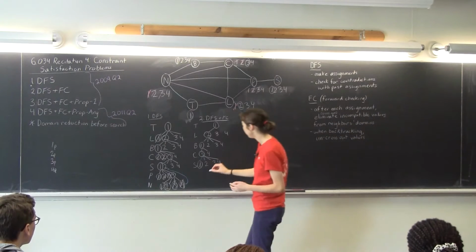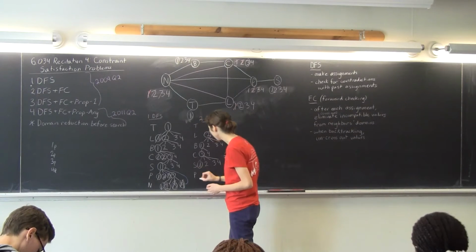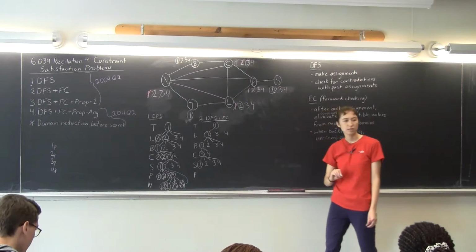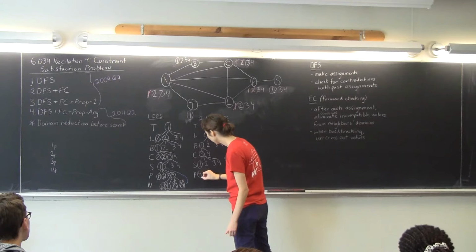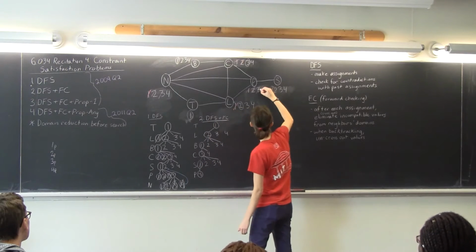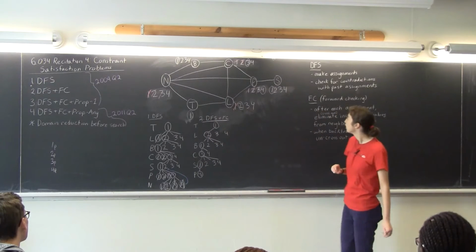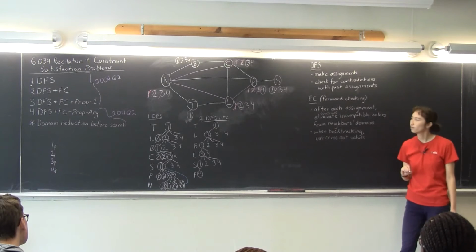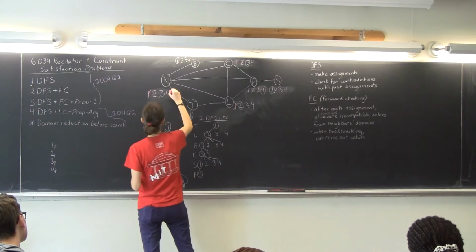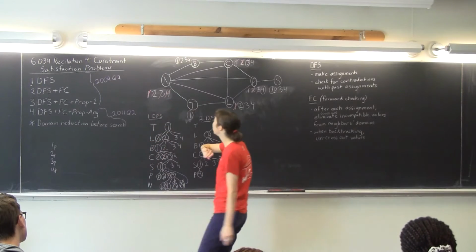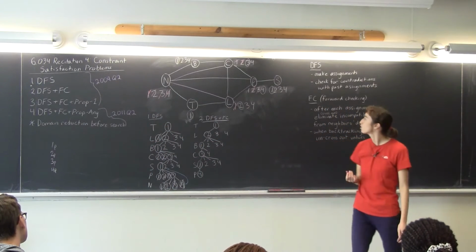Okay, and then we assign Pythagoras. What values does Pythagoras have left? 4. Only 4. So we'll assign Pythagoras to 4. And now what can we cross out? Newton can't be at 1, and everyone else is already assigned. I mean, Newton can't be at 4. Uh-oh, so now Newton has no values left.